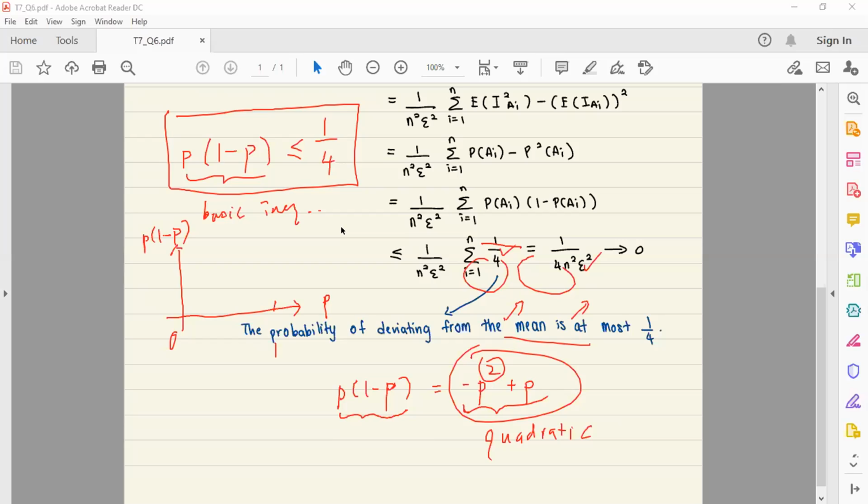From here, you know the roots, right? 0 and 1. Okay, clearly 0 and 1. So you know this quadratic function will pass through these 2 points. Your quadratic function is either going up like this or coming down like this. Which case? Going up or coming down? Going up. Going up, why?